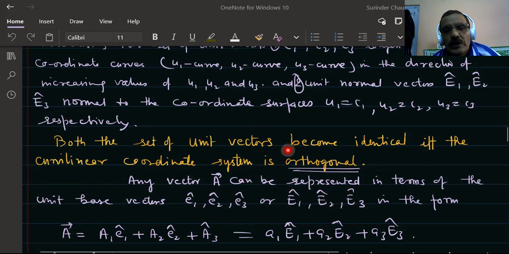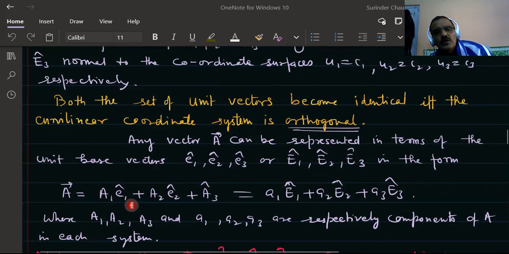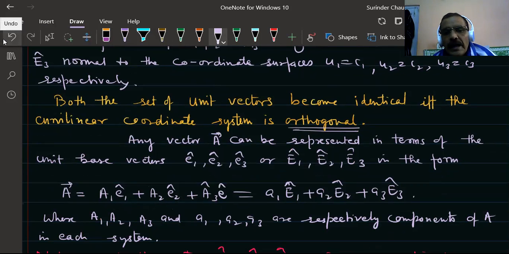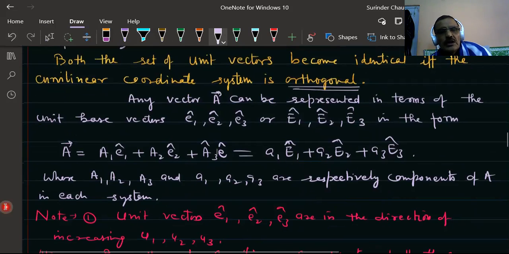So A is equal to A1 e1 plus A2 e2 plus A3 e3, and is equal to small a1 E1 plus small a2 E2 plus small a3 E3, where A1, A2, A3 and small a1, a2, a3 are respectively the components of A in each system: components along the unit tangential vectors, and components along the unit normal vectors.